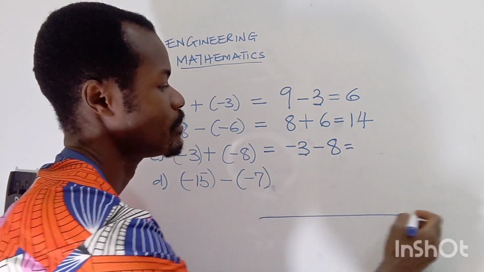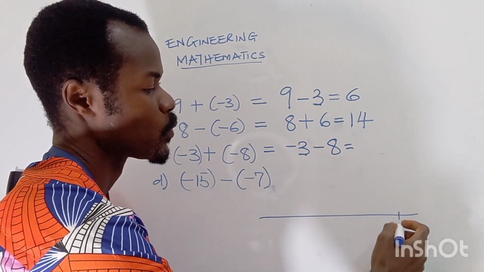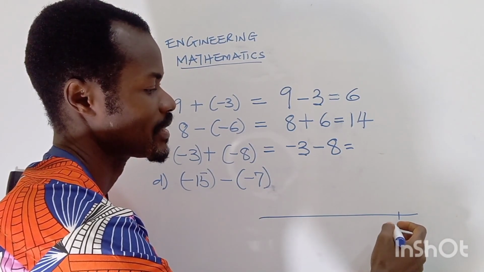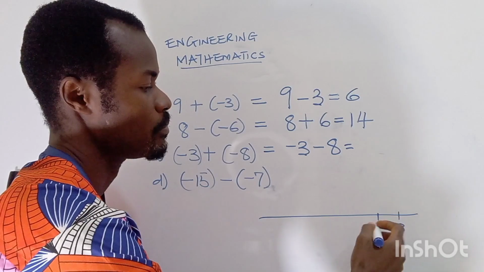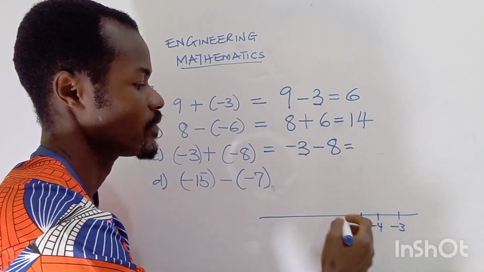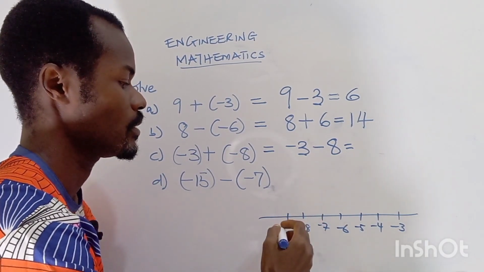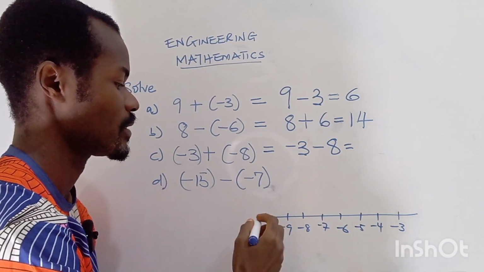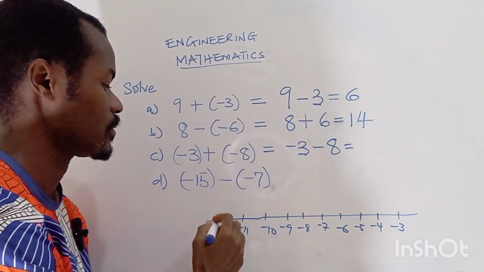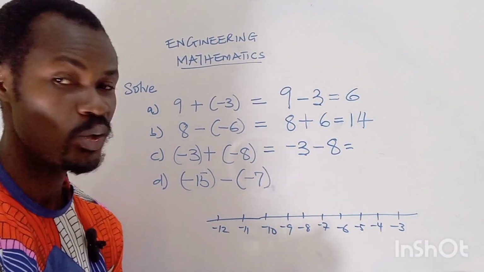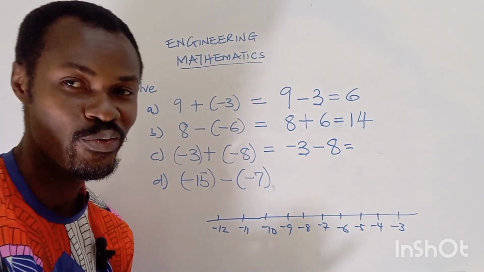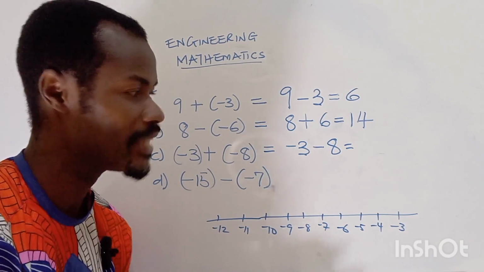Alright, let's use our number line. This is what we have. We're starting from minus 3, minus 4, minus 5, minus 6, minus 7, minus 8, minus 9, minus 10, minus 11, minus 12. So all we are doing is moving backward.